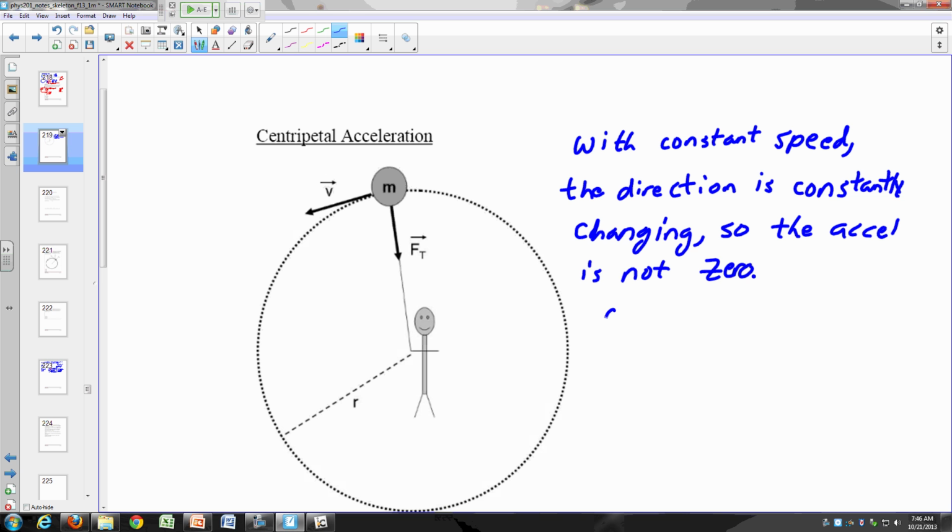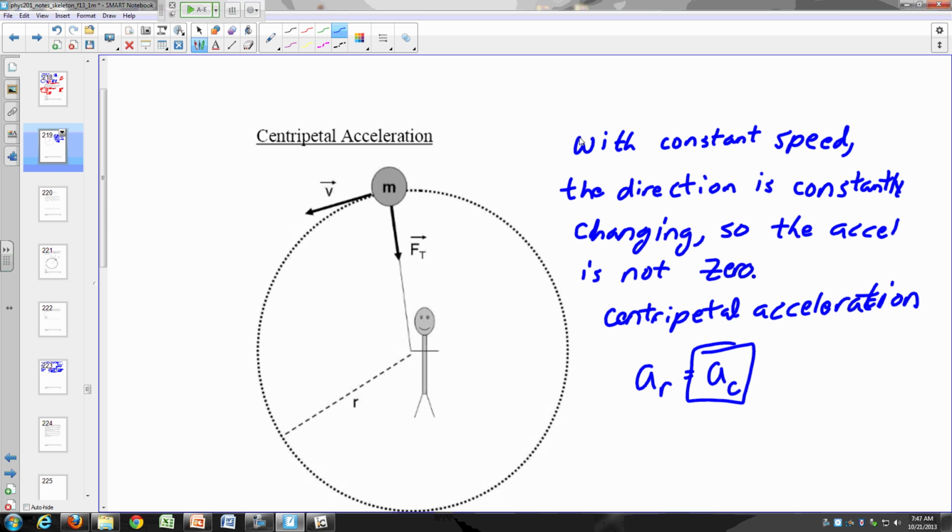And we call this the centripetal acceleration. Different people write it differently. I call it AC, where C is centripetal, but you might also see it called AR, where the R stands for radial. I'll use AC, where C just stands for centripetal. You can see it listed in both ways.